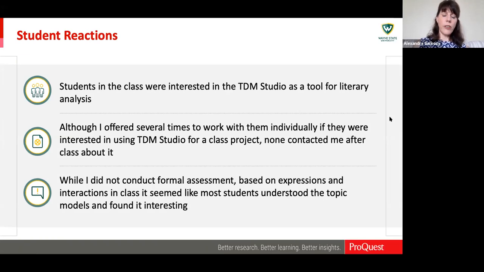So moving on to student reactions, the students in the class were very interested in the TDM Studio as a tool for literary analysis. The aha moments had happened.